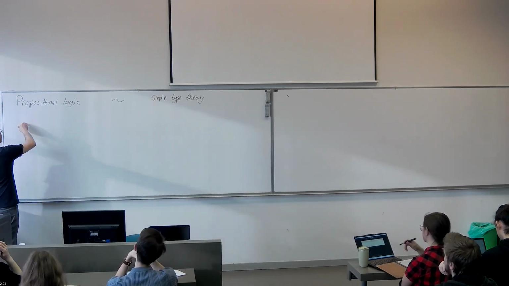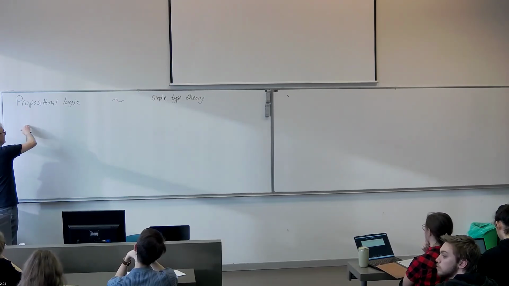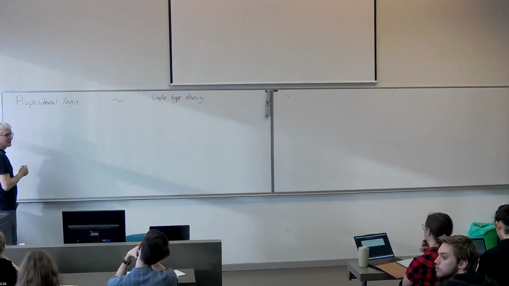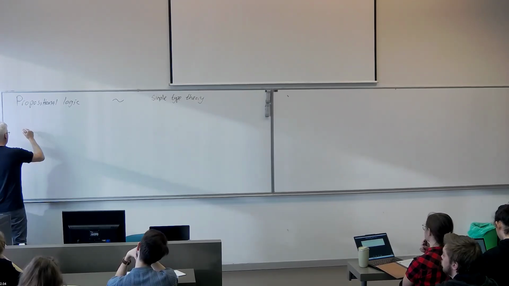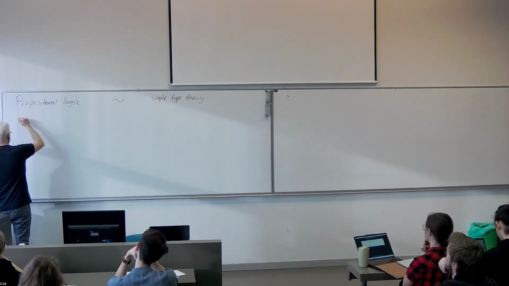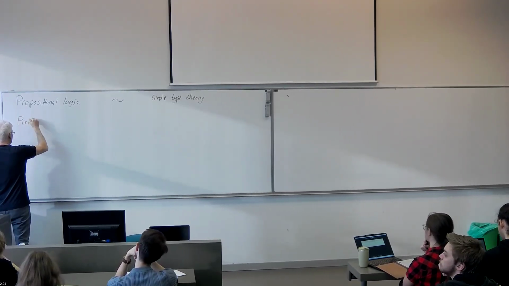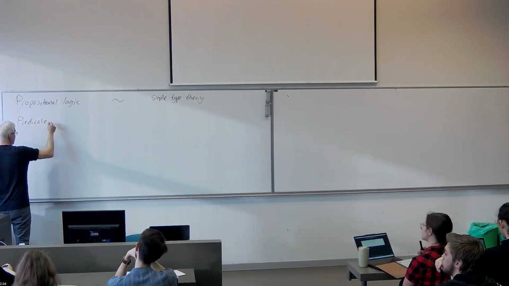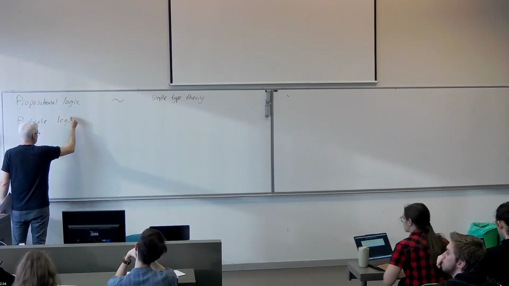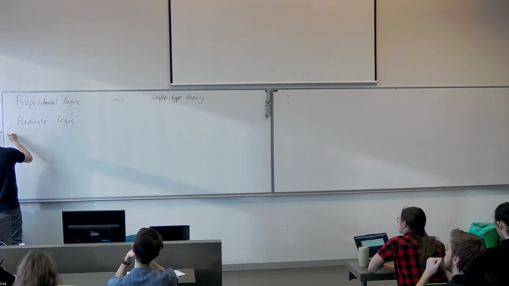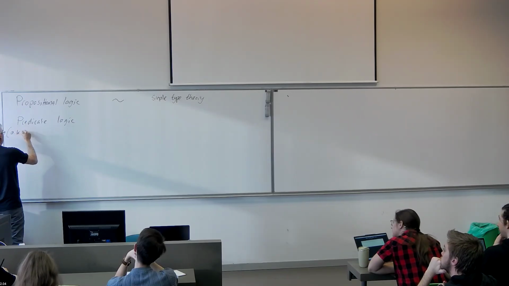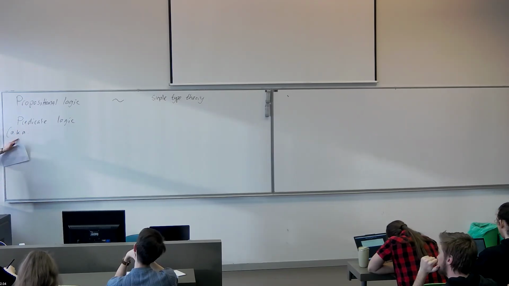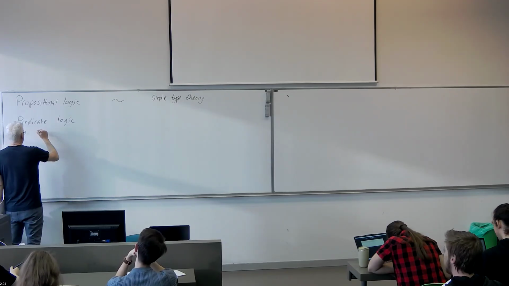So today we're going to extend propositional logic to something more useful, which is also covered in the textbook. This is predicate logic, as they call it in the textbook. It's also known as, the standard abbreviation in English, first order logic.